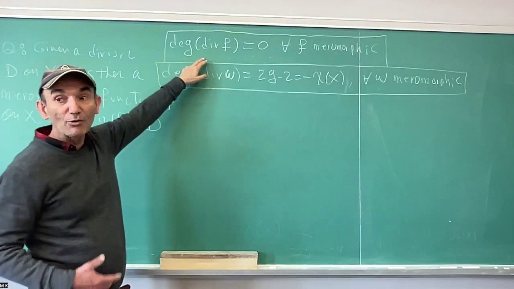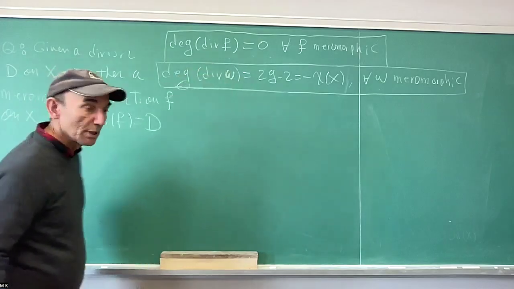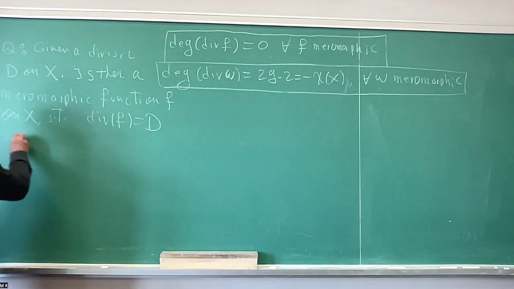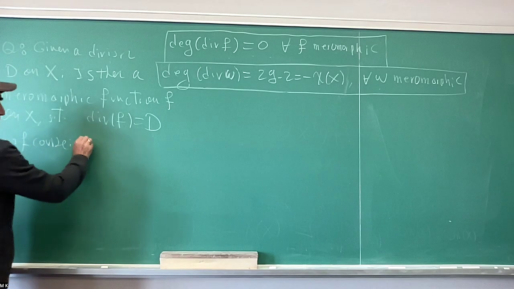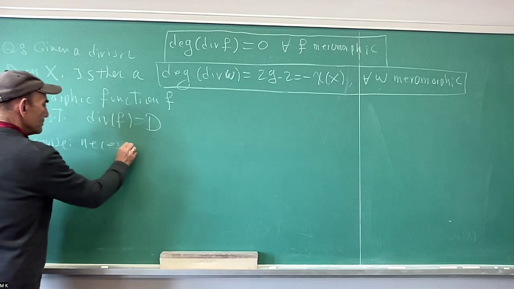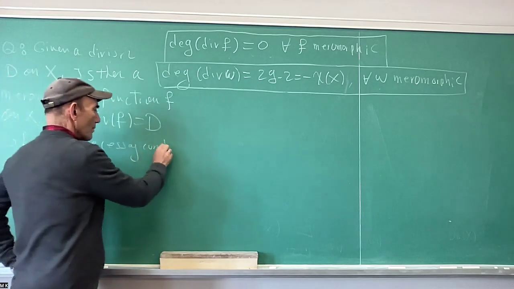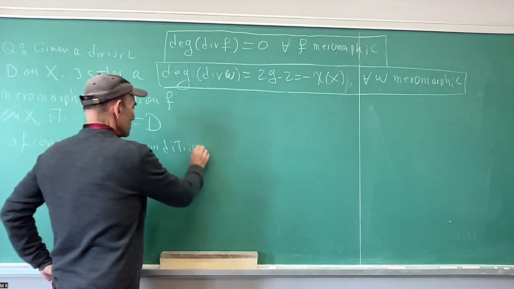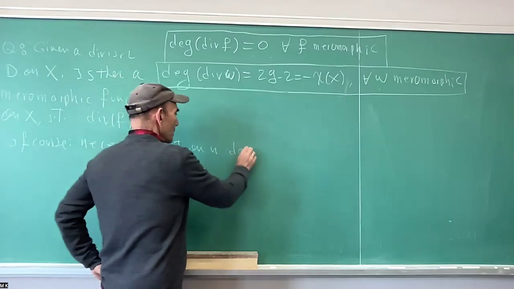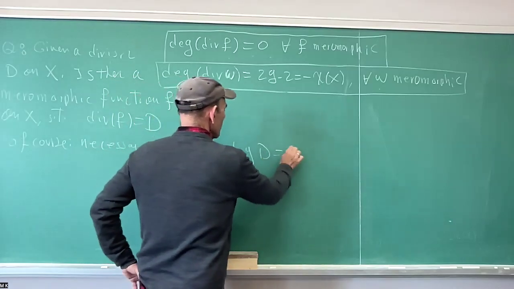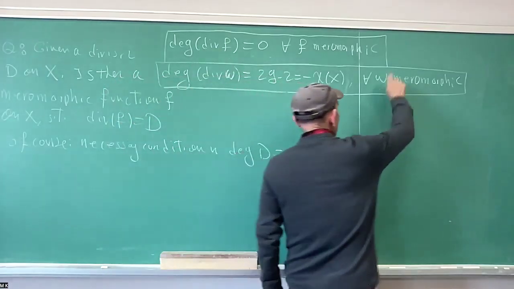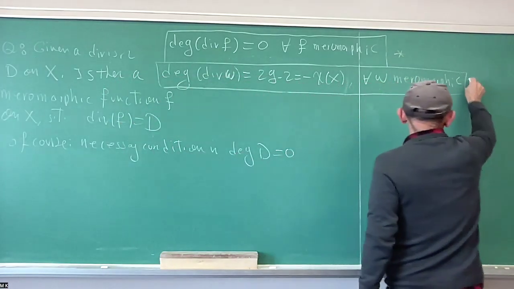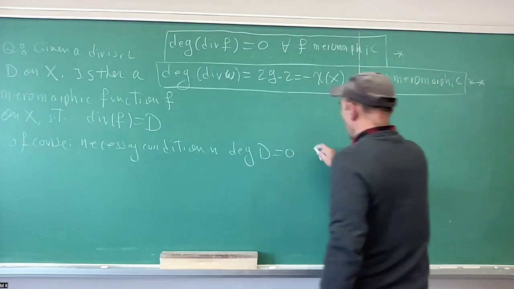So we found a necessary condition: the degree of D must be equal to 0, because of the first star. This is the double star.